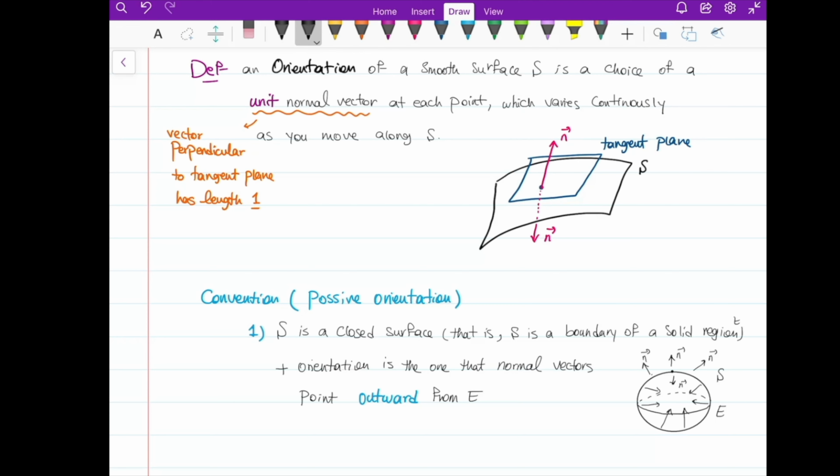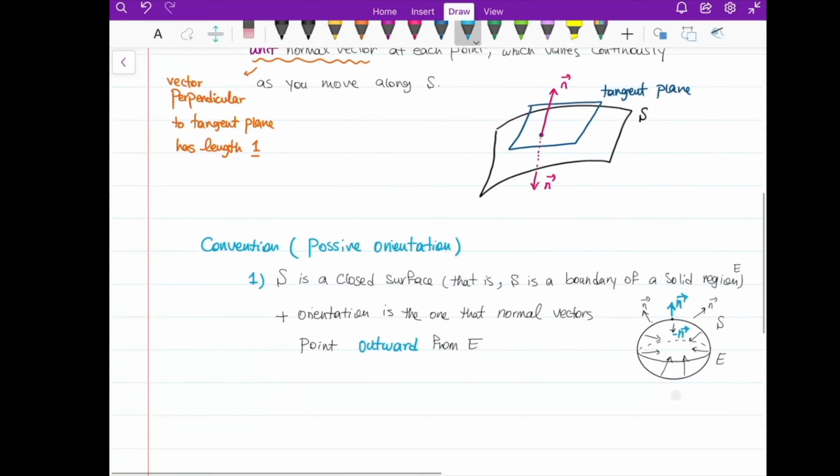Okay, so we say that this is positive orientation, and the ones that are going inside are negative. These are positive orientation, these are negative, okay?